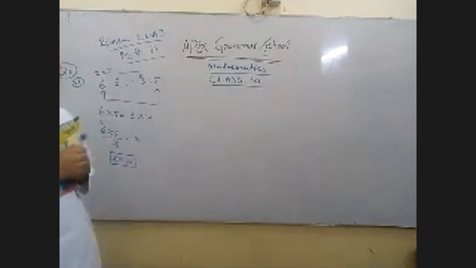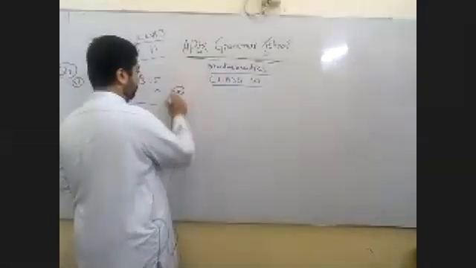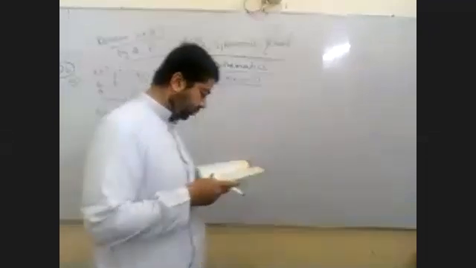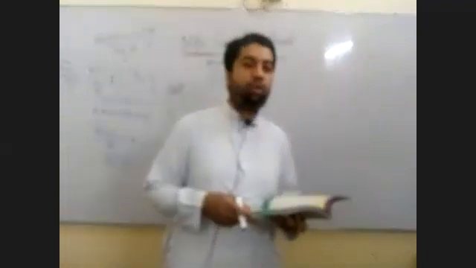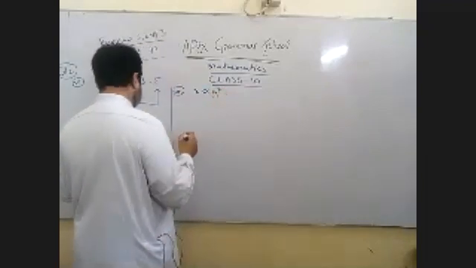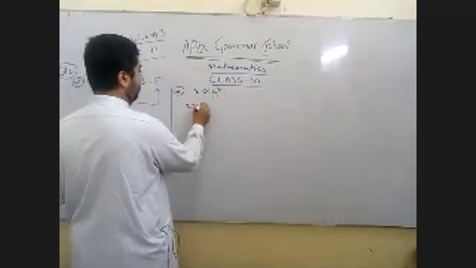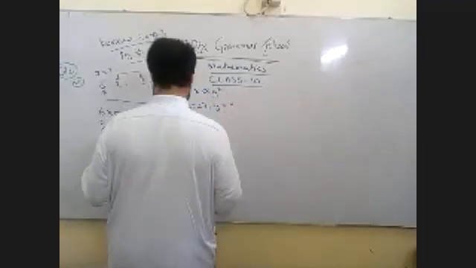Part number 7 is if x and y squared vary directly, meaning to say x is directly proportional to y square, and x is equal to 27 and y is equal to 4.